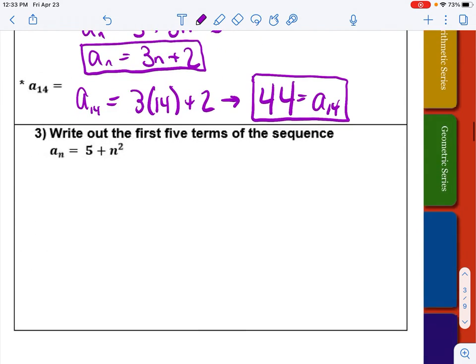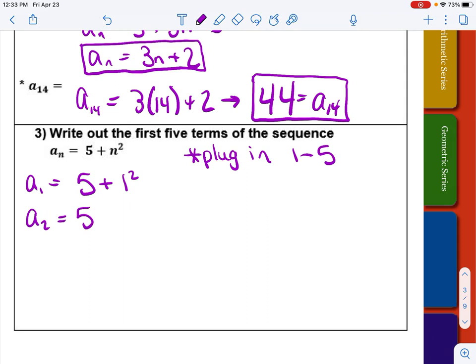All right, lastly, we're going to write out the first 5 terms of the sequence, which means we're just going to plug in 1 through 5. So a sub 1 is equal to 5 plus 1 squared. A sub 2 is equal to 5 plus 2 squared. And so on and so forth.